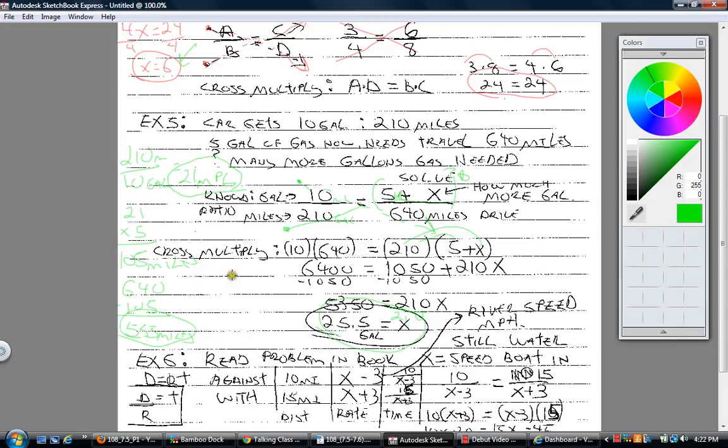And so maybe you would say, well, if I have to go 535 miles and I get 21 miles per gallon, just divide the two numbers and guess what you get? 25.5.